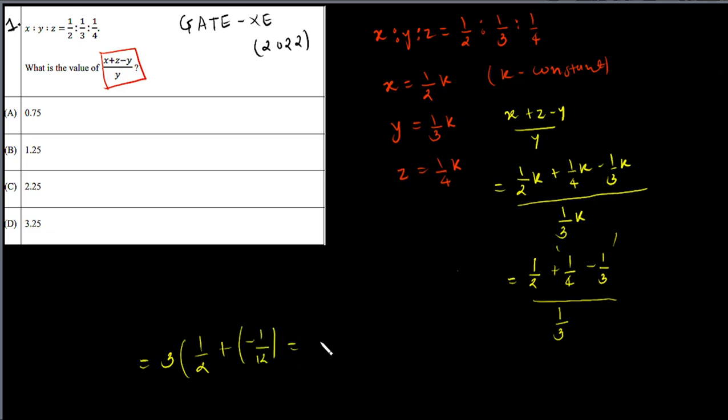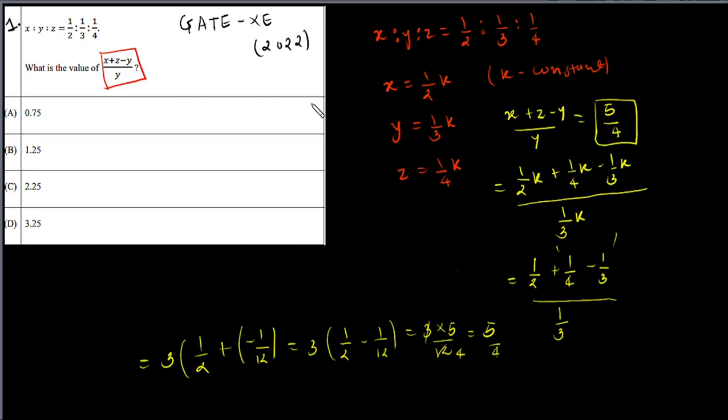If you simplify this, 1/2 minus 1/12 gives 5/12, so I have 3 multiplied by 5/12. I can reduce this fraction with the 4, so 5/4 is our answer.